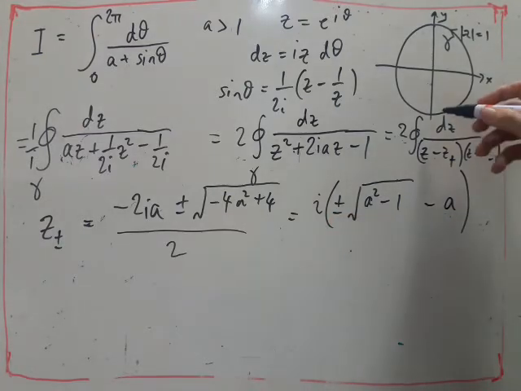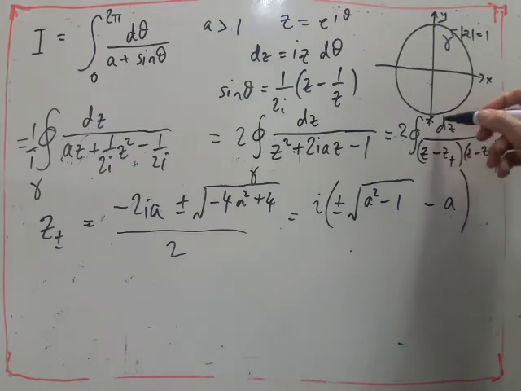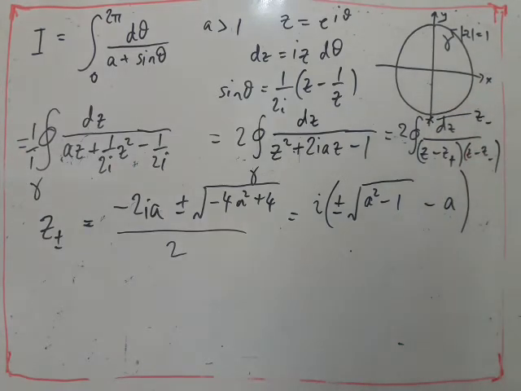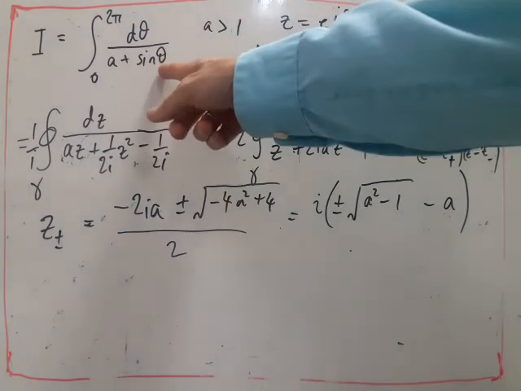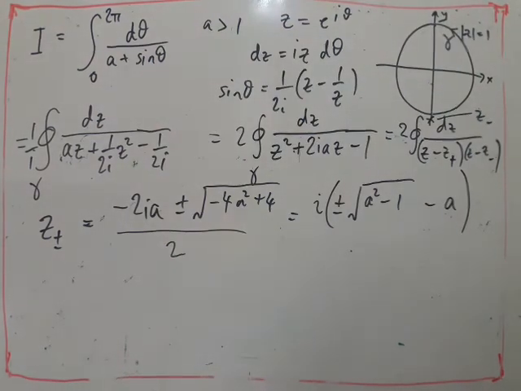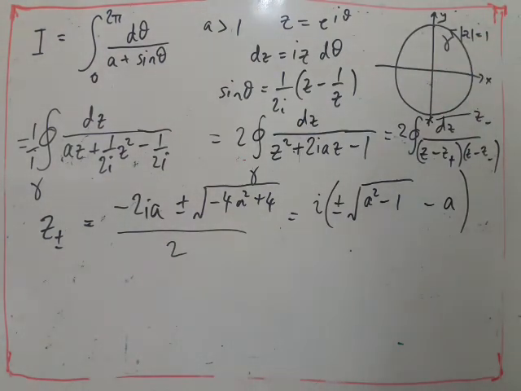So z minus is going to be out here somewhere, outside. We could then maybe argue that since we know the answer to this can't possibly be 0, the other one has got to be inside. I think that's probably a reasonable way of arguing it.